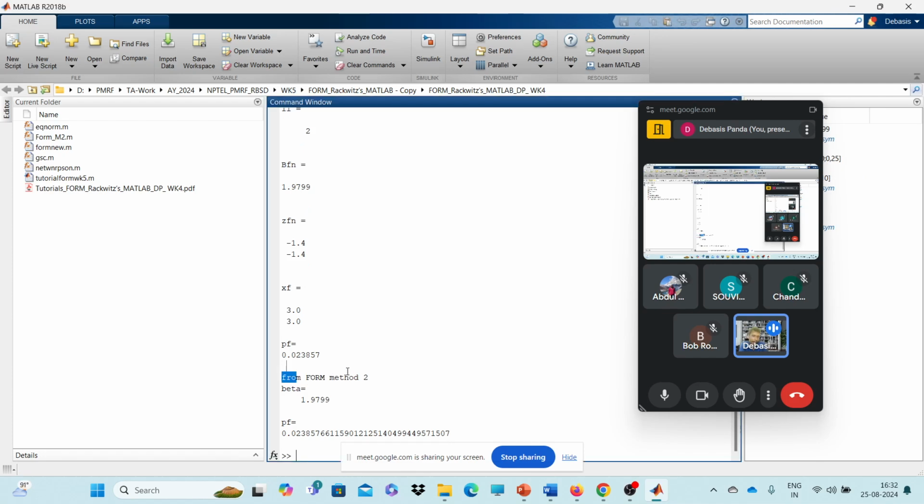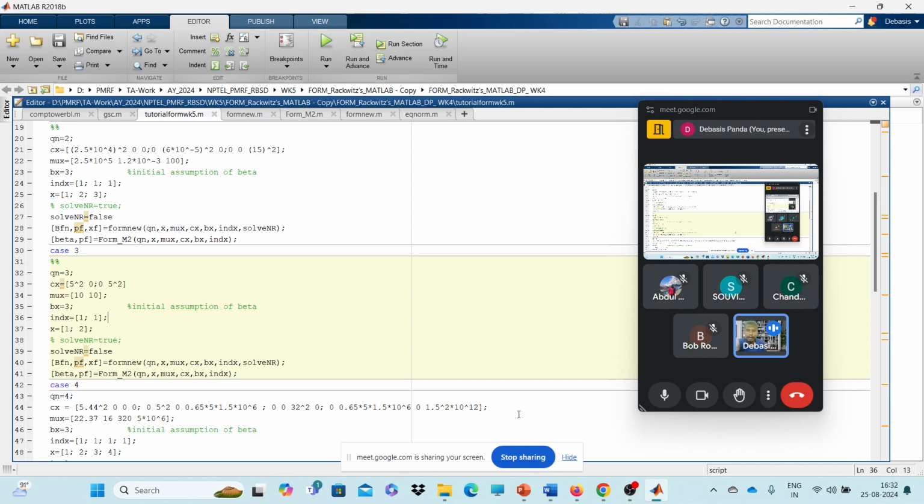And from method M2, the Rackwitz-Fiessler algorithm, also gave the same result, 1.9799. That means we can conclude that the function files we have made for the Rackwitz and Rackwitz-Fiessler algorithms are giving the same form of results.